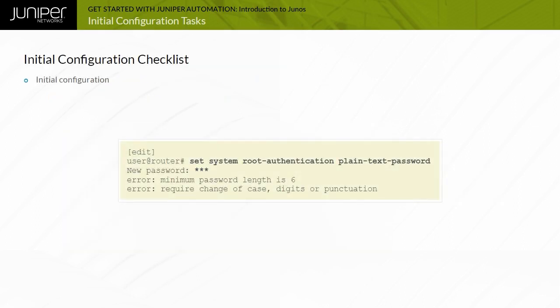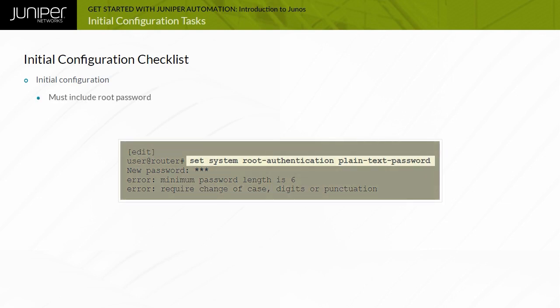When you receive a device running Junos OS from the factory, Junos OS is pre-installed. Once you power on the device, it is ready to be configured. When the initial configuration is performed, the root authentication must be included.